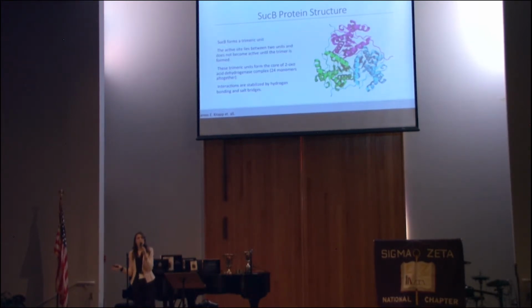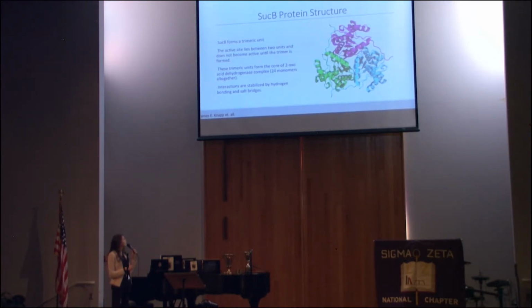More commonly, with these enzymes one monomer is active, but this actually takes 3 to make them biologically active. The catalytic site forms the core of this 2-oxoacid dehydrogenase complex, and the interactions are stabilized by hydrogen bonds as well as salt bridges. These are weakly associated bonds.